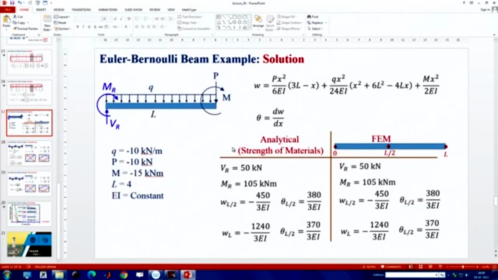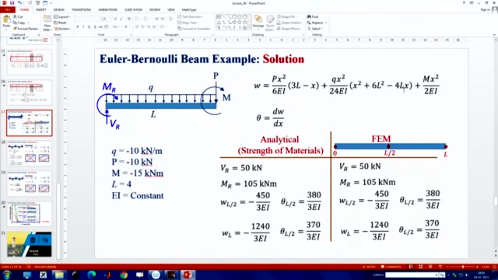Now look at the actual results. This is the actual result, right? So the first part is the contribution from P, second part is the contribution from Q, and the third part is the contribution from M. Look at the expression for transverse deflection. The contribution of the first part is a cubic polynomial. Contribution of the second part is a quadratic polynomial.